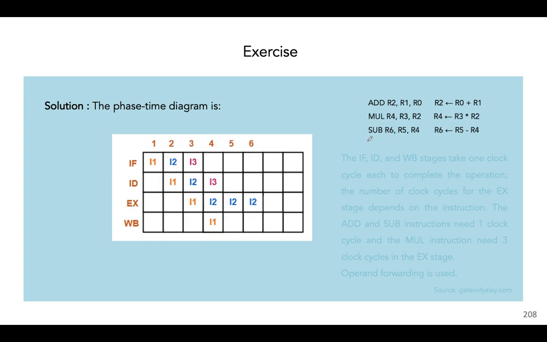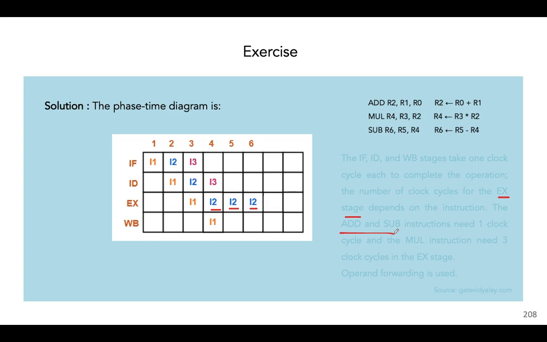All right, so in the next clock pulse 5, you see instruction 2 is still executing, and in 6 also instruction 2 is being executed. Now why have we done this? Why have we taken 3 clock cycles to perform execution of instruction 2? It's given in the question. It was written in the question that the execute stage depends on the instruction being executed.